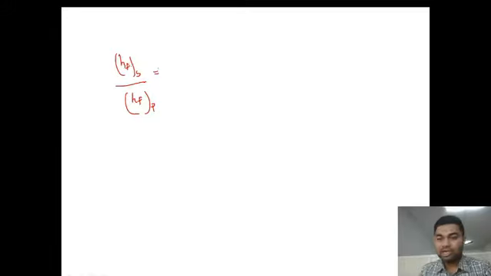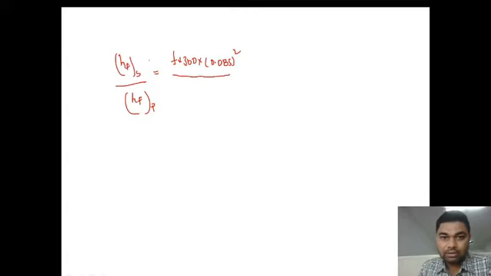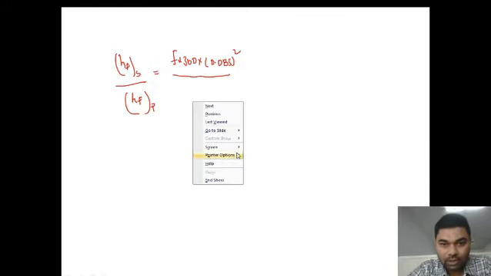Head loss in series by head loss in parallel is f into 300 into 0.085 whole square divided by... sorry, it is not this case.